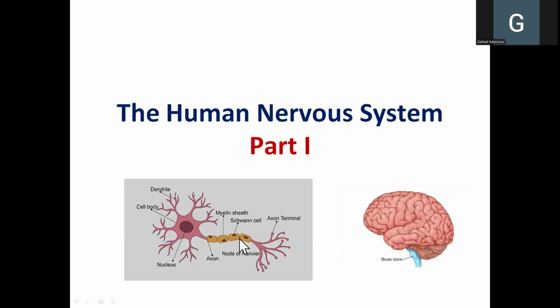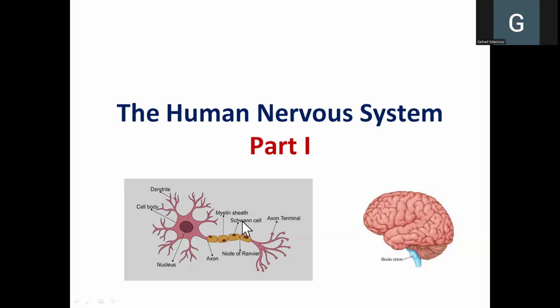In such a case, you would say that this insulation helped the electrons to bypass the insulating region and jump from one node to the other. If the myelin sheath were not there, there wouldn't be the saltatory conduction. It would be the regular conduction of electric impulses along the axon, which is much slower.